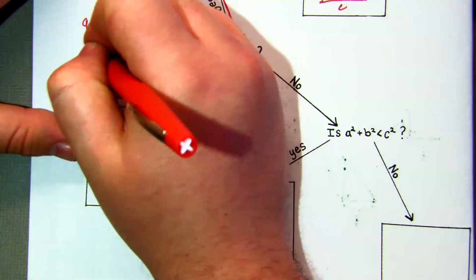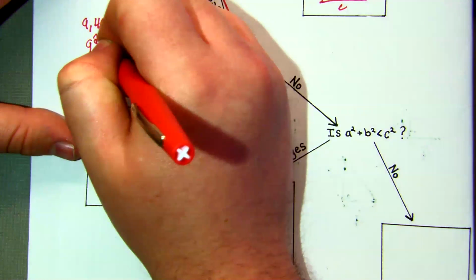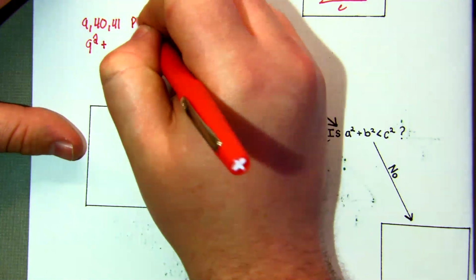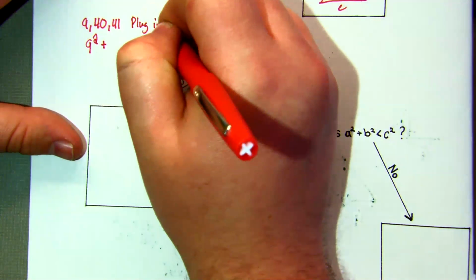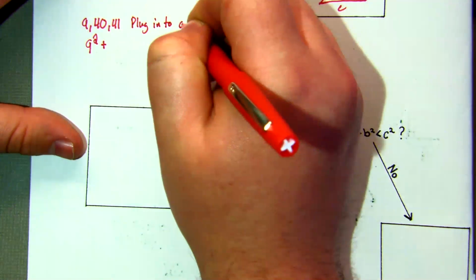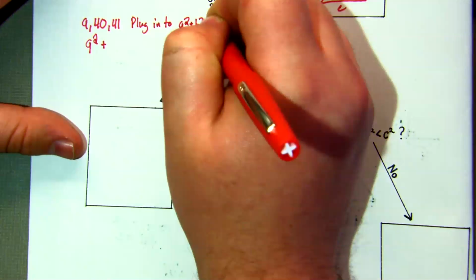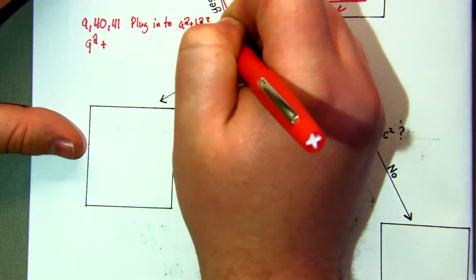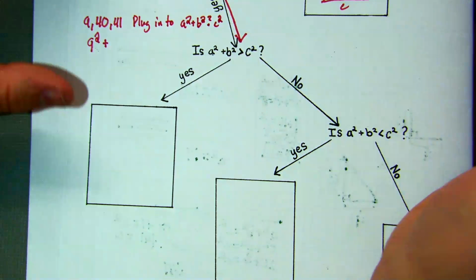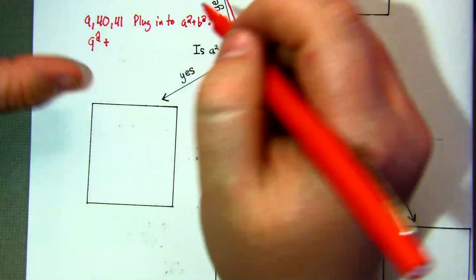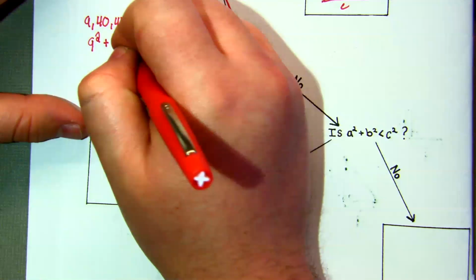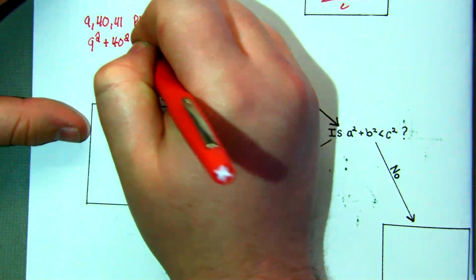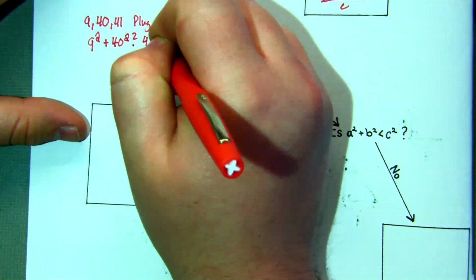So let's say 9 squared. We want to plug in to a squared plus b squared question mark c squared. So we'll do 9 squared plus 40 squared question mark 41 squared.